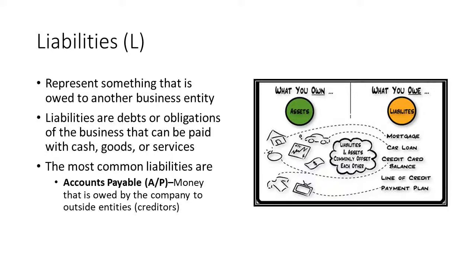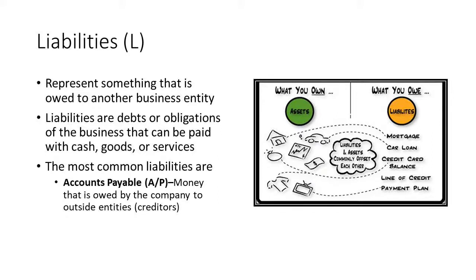That goes into what's called accounts payable, which is a type of liability. Liabilities are debts and obligations of the business that can be paid with cash, goods, or services. So again, you could pay for liabilities with equipment or goods or merchandise, or with cash. It's most likely with cash. Or with services. That's called the barter system.